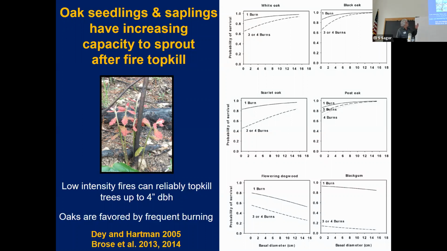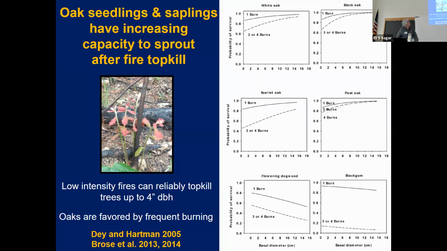And you can see that down there, the flowering dogwood and black gum are some of the more major competitors with the oaks. And you can see what repeated fires do to the probability of survival. That means survival not of the original stem, but of the root system, which is resprouting after each fire.